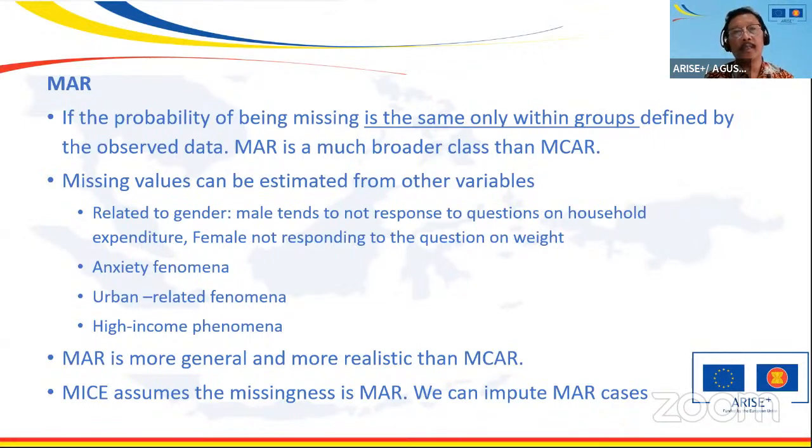So this is the kind of missing at random, related to other variables in the survey. Maybe related to urban phenomena and high income phenomena. The rich people, we cannot enter. It's not because they don't like the survey, but they just never open the house.